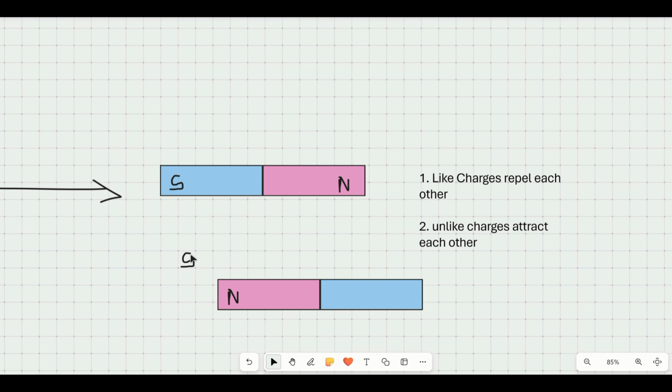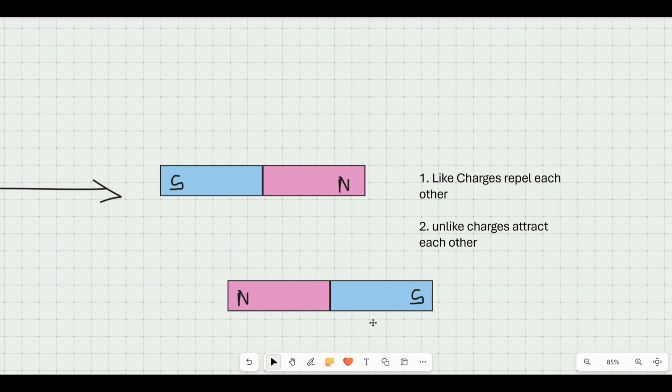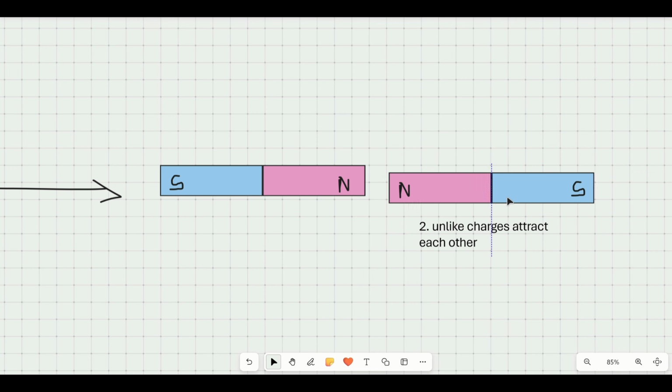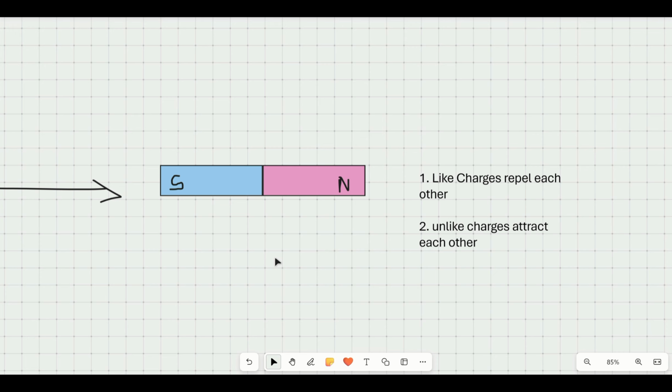We just swapped it. So now we will see that like charges, south and south, will not attract each other, they will repel, and same as it, north and north will not attract each other, they will repel. So this is the first basic magnetism wala gyan which we have studied since our childhood.